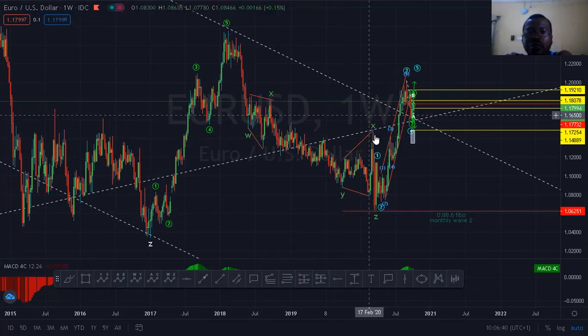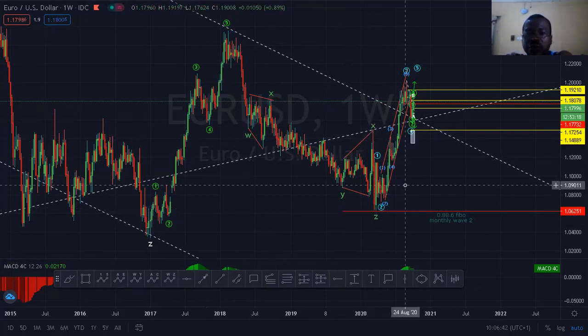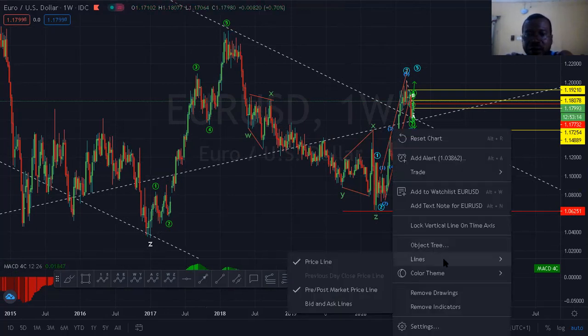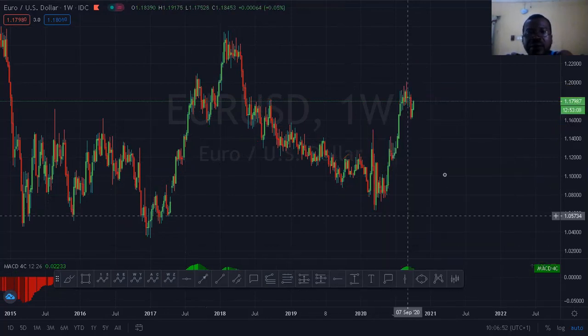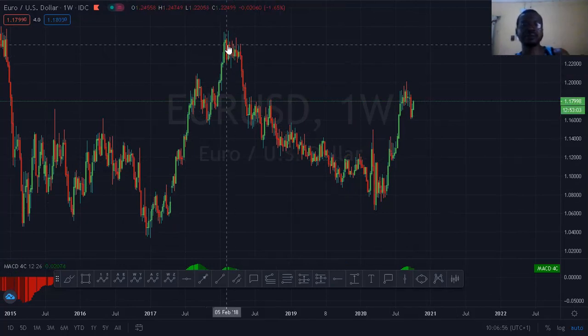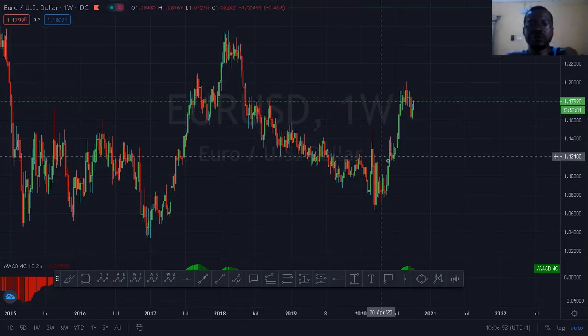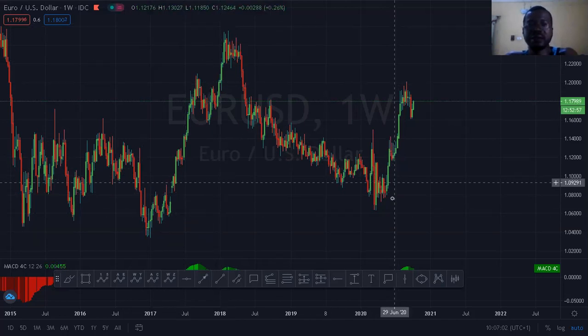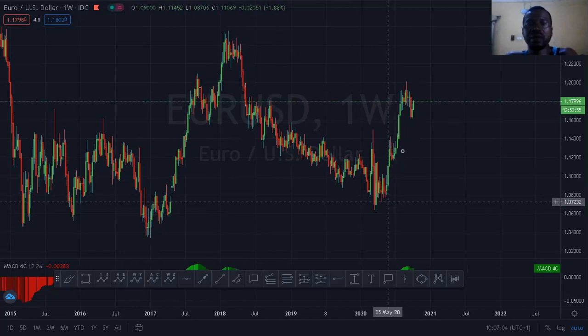We can see that the market moved with force towards that very line. This very move is a correction. It corrected here and stopped and continued moving.